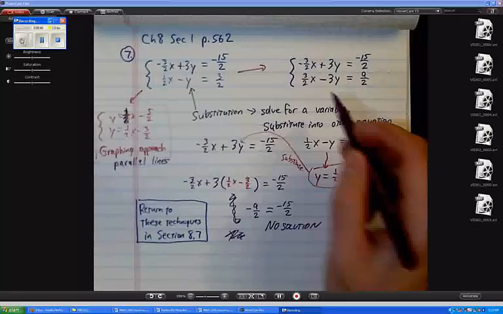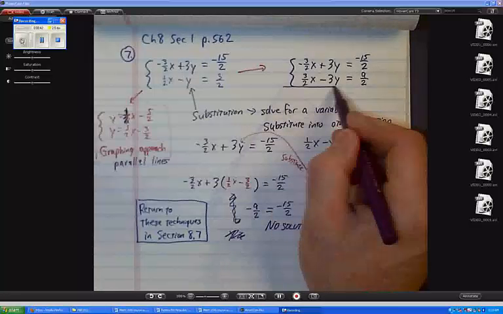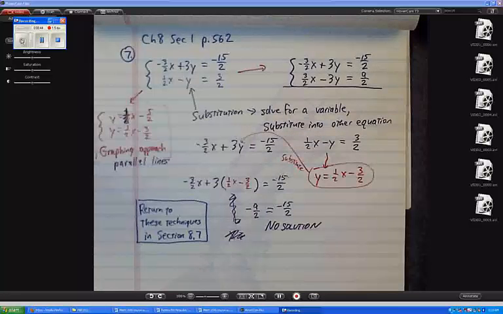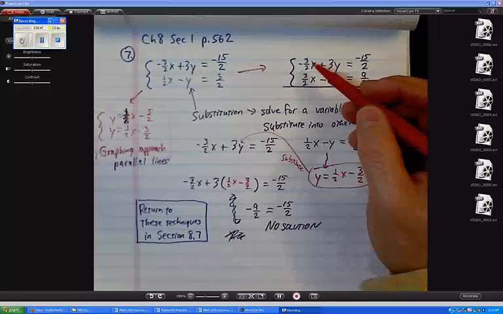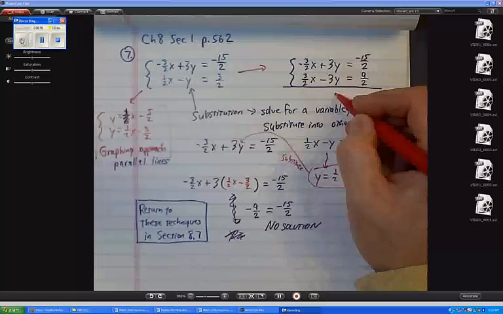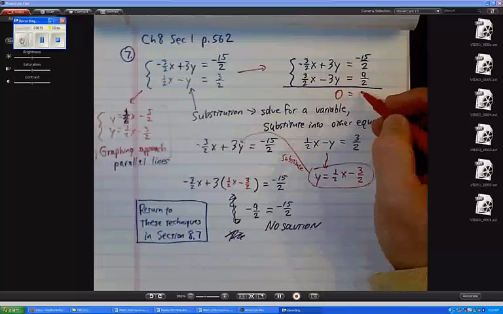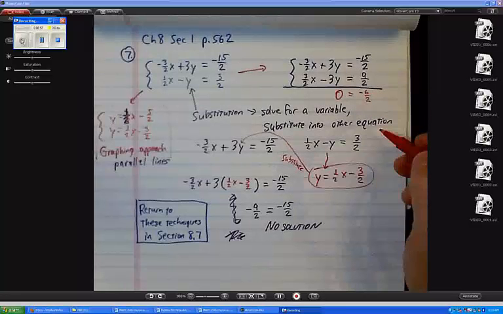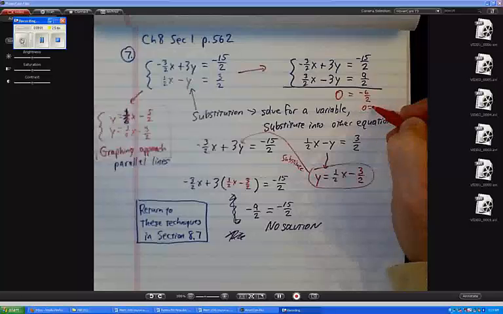And now, when I add the equations, what do I get on the left-hand side? Notice everything dropped out, right? 0 equals negative 6/2, which is negative 3. 0 equals negative 3.